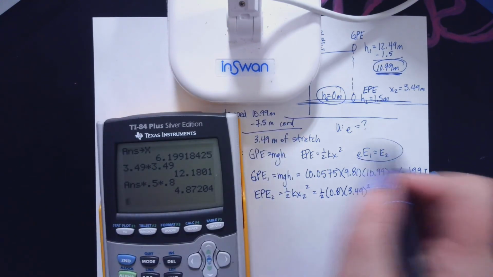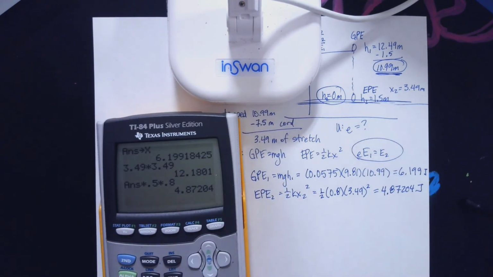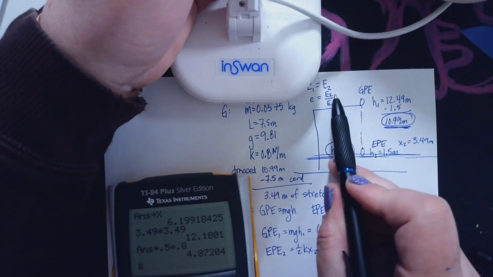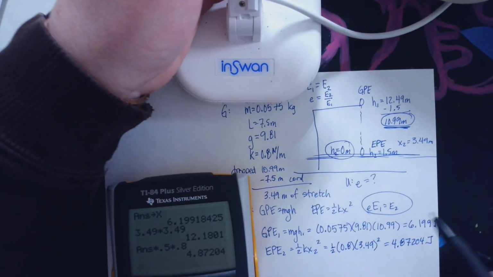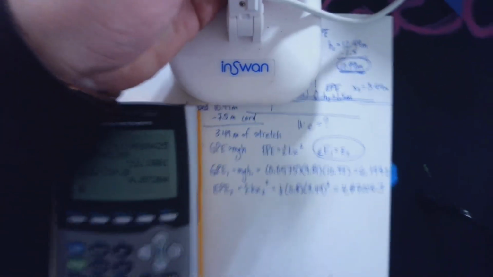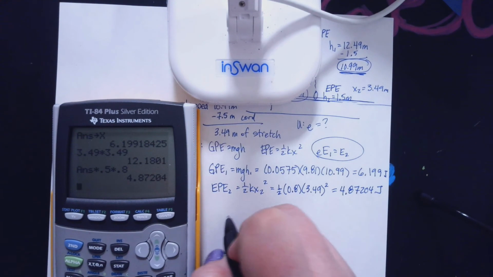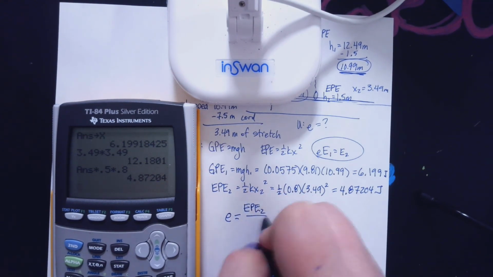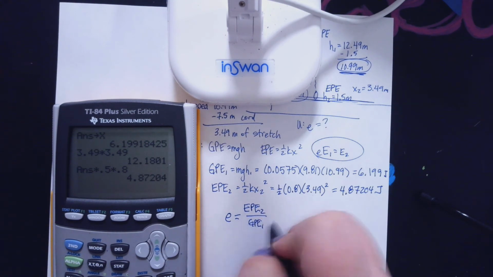And remember, up here, we have that little e, efficiency, times E1 equals E2. And all the way up at the top, we had written down that little e is going to be E2 divided by E1. So little e is going to be your EPE2 divided by GPE1. So I'm going to do that. e equals EPE2 over GPE1.